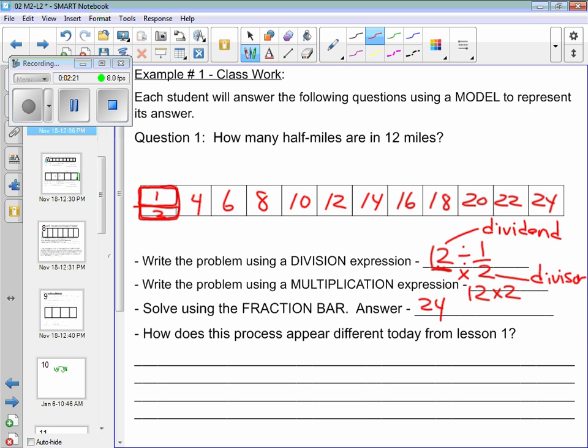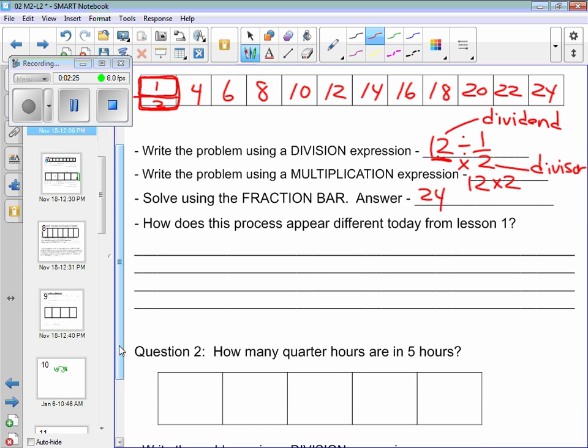Now the way that this is different from lesson 1, in lesson 1, the dividend was smaller than the divisor.